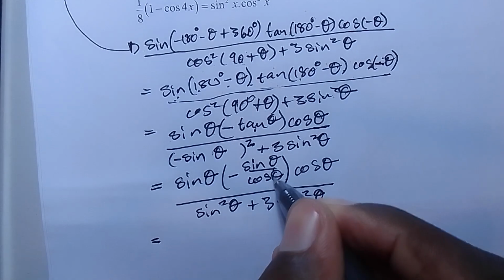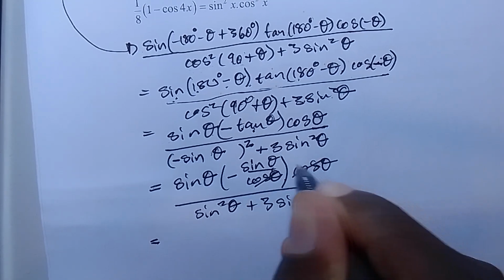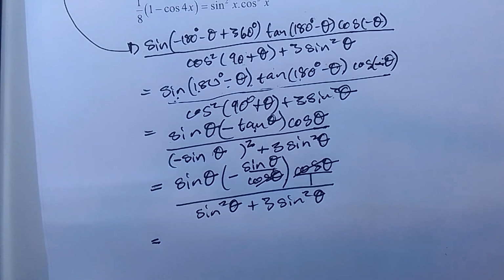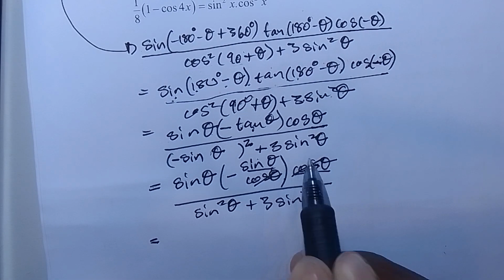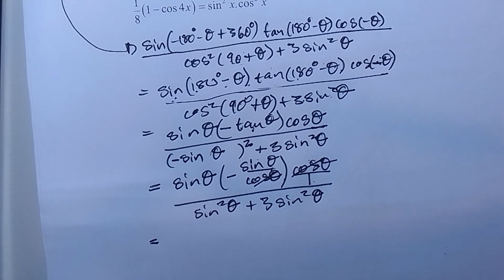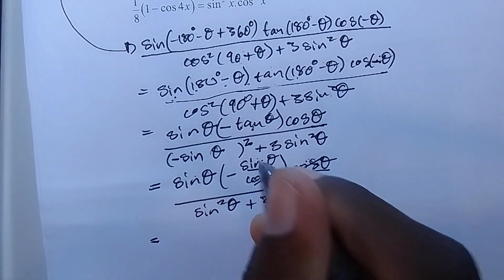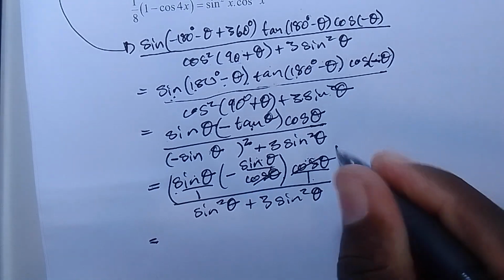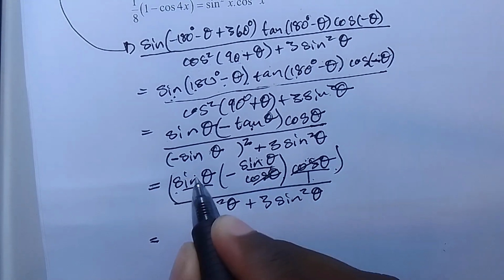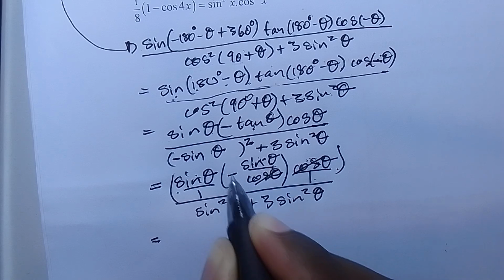Now this cos is going to cancel out with that cos, because this one is with the top ones. It's cos over 1. If you multiply the numerators and multiply the denominators, the cos's will cancel because one is in the top and one is at the bottom. Now these sines are both at the top, so they won't cancel, but they will multiply to be sine squared. But don't forget this negative sign.